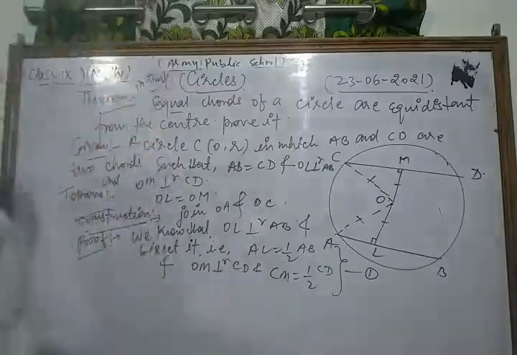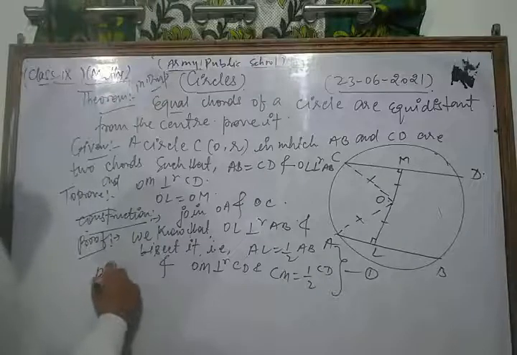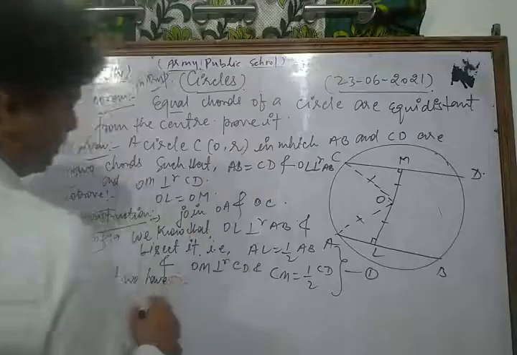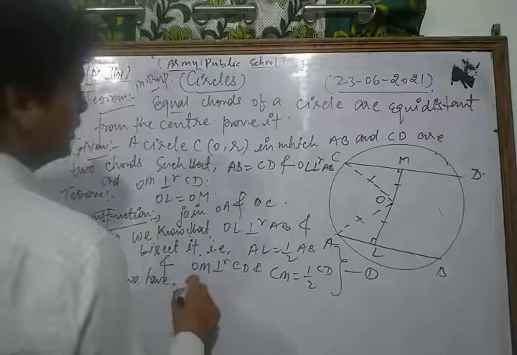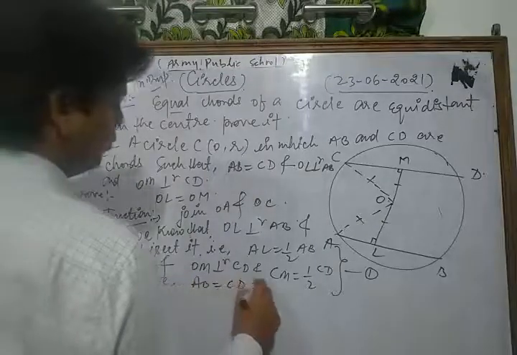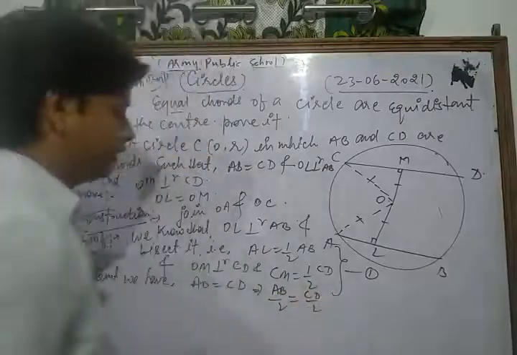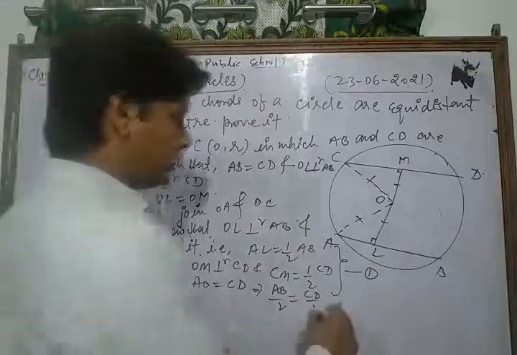Now, since the chords are equal, AB is equal to CD. Dividing both sides by 2, AB by 2 is equal to CD by 2.